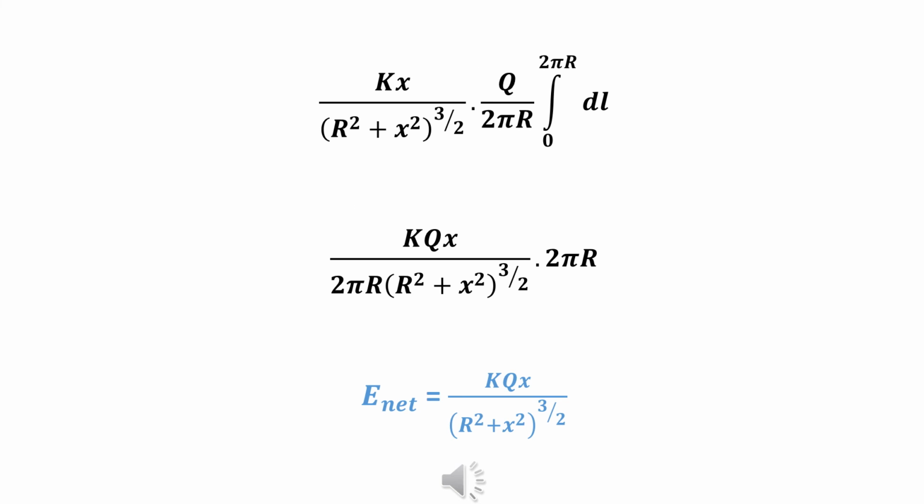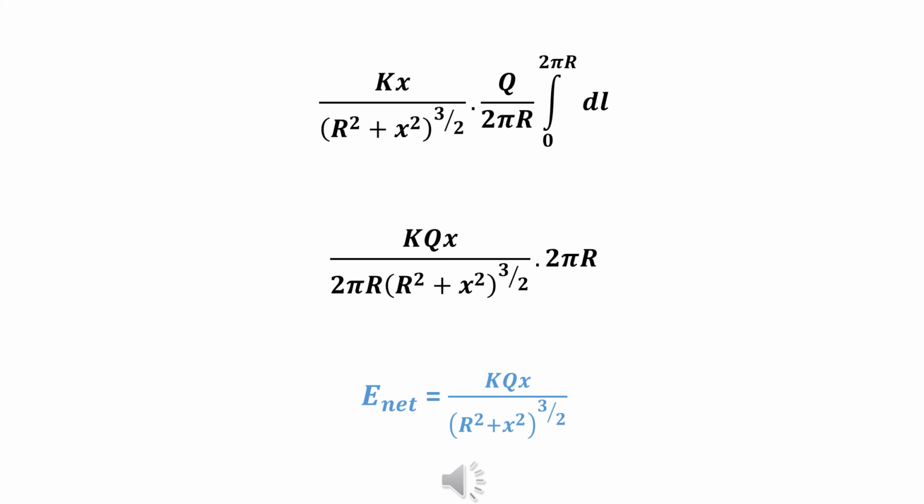As you can see, dl is the only variable quantity and all other quantities are constant. Since integration is applied with respect to variable quantities only, we will keep all the constant quantities outside, as shown in the video, and do integration with respect to dl.